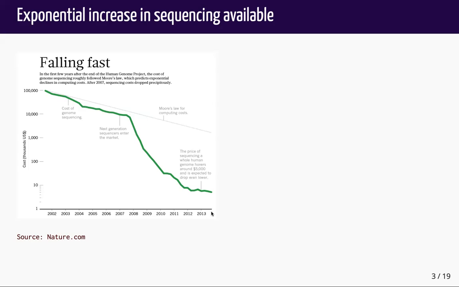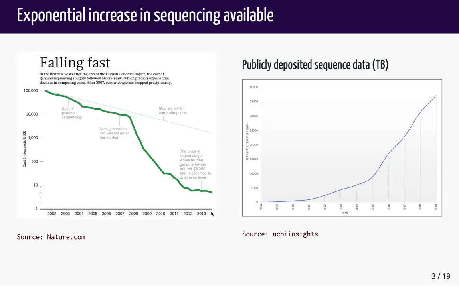This figure is a little outdated. By 2013, the price was about $5,000 per genome. And at this point, it's probably below $1,000. Perhaps unsurprisingly, with this reduction in the cost of sequencing came an explosion in the amount of data that is publicly deposited. Here you have the terabytes of data deposited in the Short Read Archive database, which is essentially one of the databases where lots of sequencing gets stored.